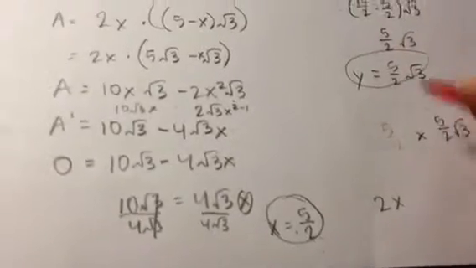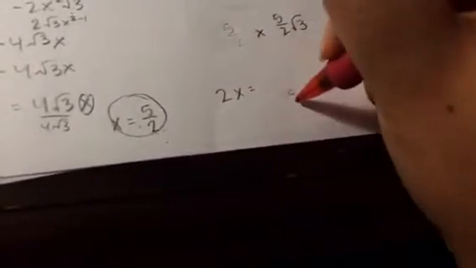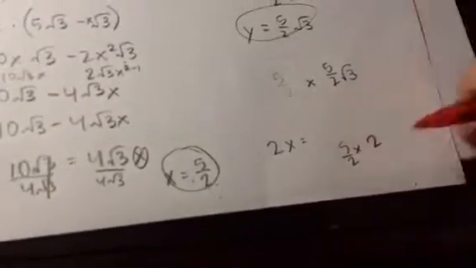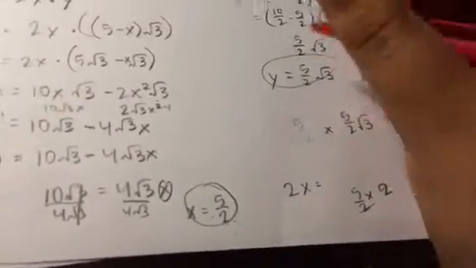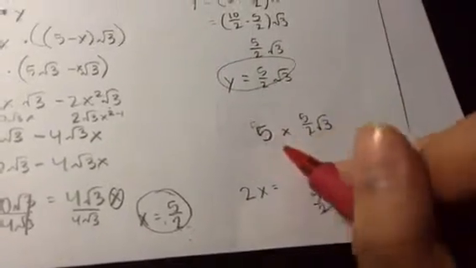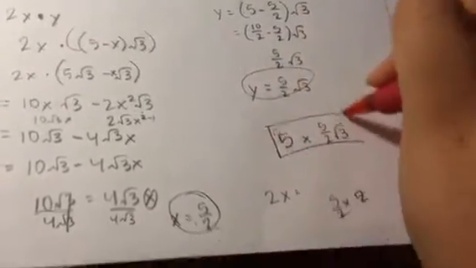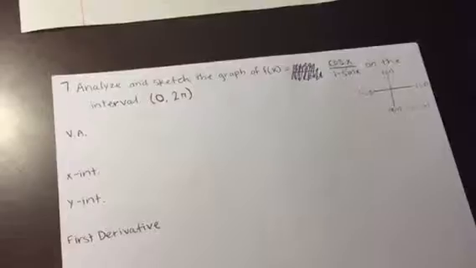So one side length equals 2x. So then you just multiply 5 over 2 by 2, which gets rid of this. So the dimension is actually 5 by 5 over 2 times rad 3. And then those are your dimensions.